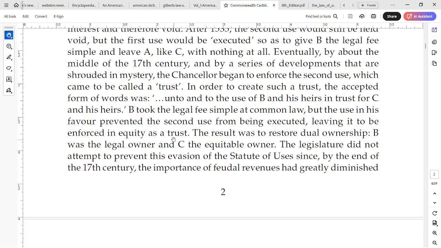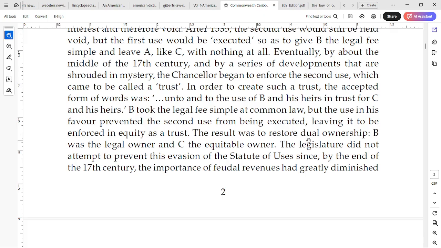The second use could not be executed because the Statute of Uses only operated on the first use. And B said that C now holds the equitable title, and the Chancery Court or the Chancellor or equity started recognizing the equitable title. The result was to restore dual ownership. By doing this, what the Statute of Uses did, it eliminated dual ownership.